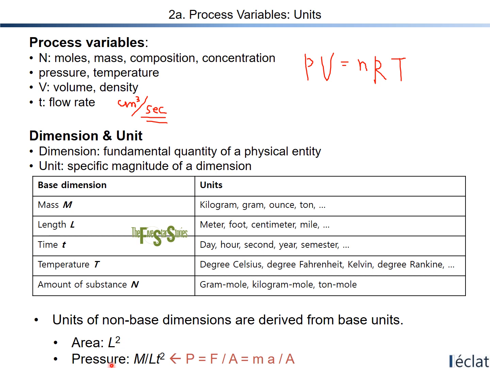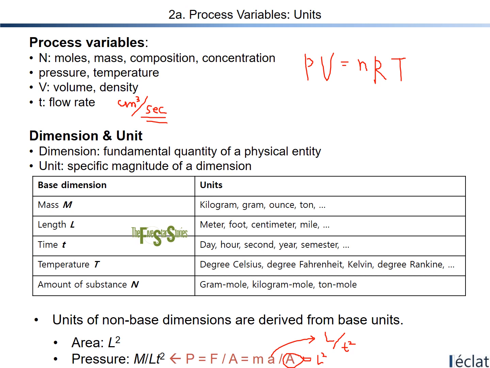Let me think about pressure. Pressure is equal to force per area, and force is described by mass times acceleration. And then what is the acceleration? Acceleration is length per time square, and the area is L square.